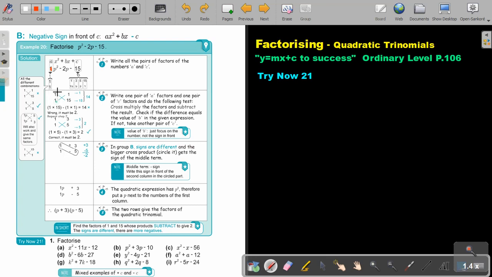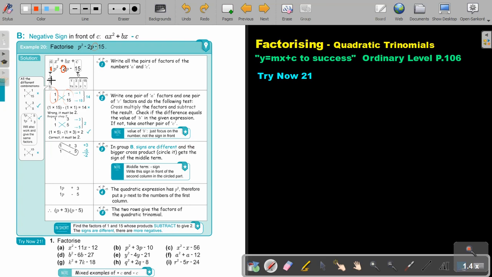Then do the test. Take 1 on this side and 1 on this side, and you're still going to cross multiply, but instead of adding it up, you are going to subtract it. So 15 minus 1 is 14, and you must still get the middle term. So it's not correct.